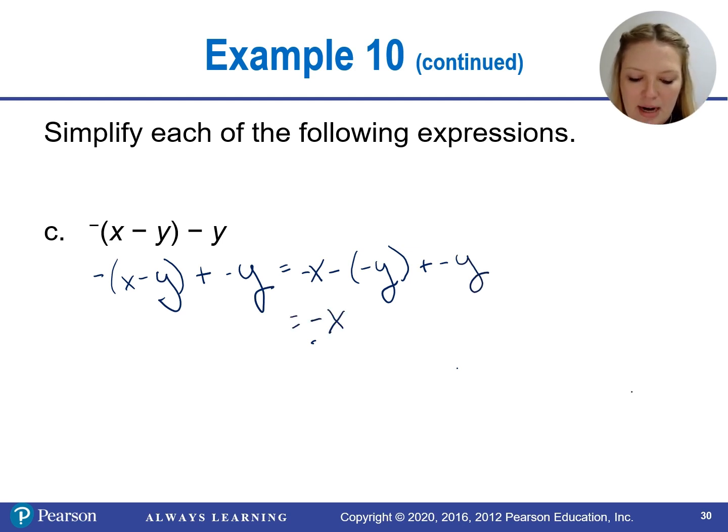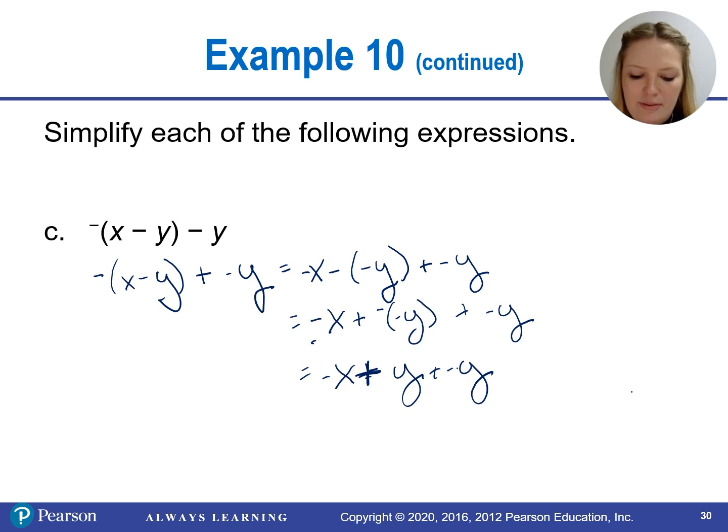Then negative x minus negative y is the same thing as negative x plus y plus negative y. Y and negative y are a zero pair. They're additive inverses of each other, so this leaves me with negative x.